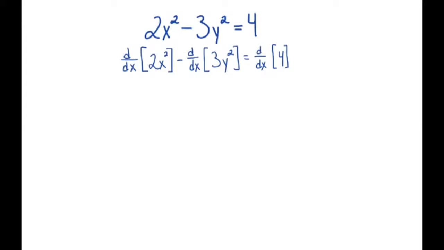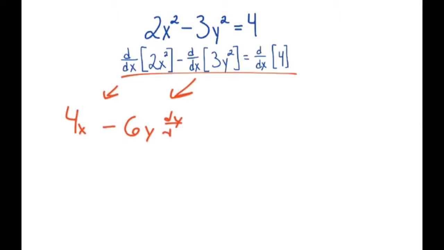So for this problem, you're going to need to use product rule. The first step that I wrote out, you're going to have to find the derivative of each term. And you have to find the derivative on the left and right side, so that's what I wrote out right here. When you do the derivative of the first term, you would get 4x. You do the derivative of the next term, you would get minus 6y dy over dx.